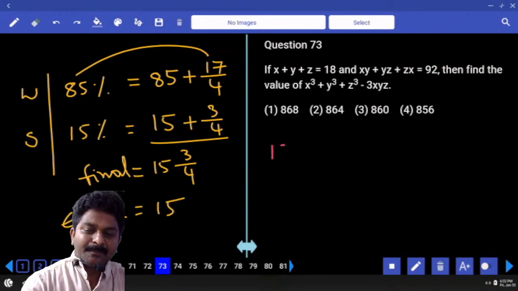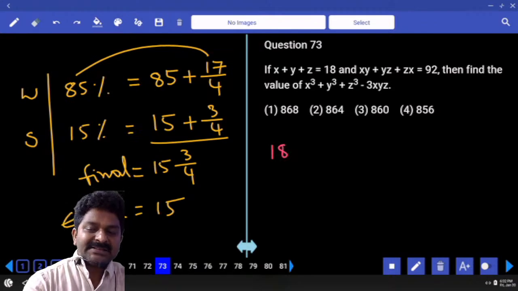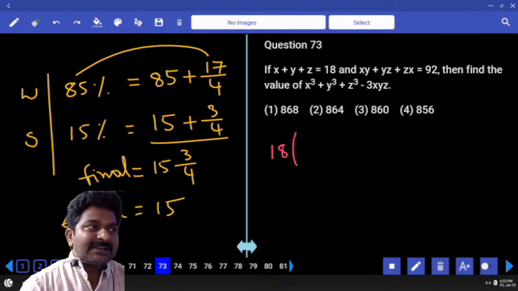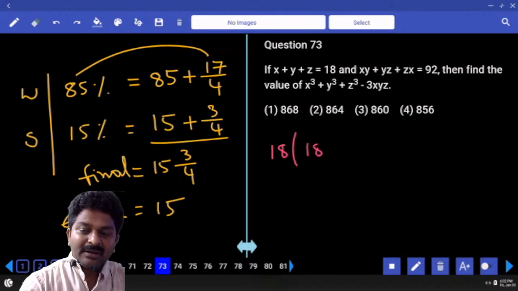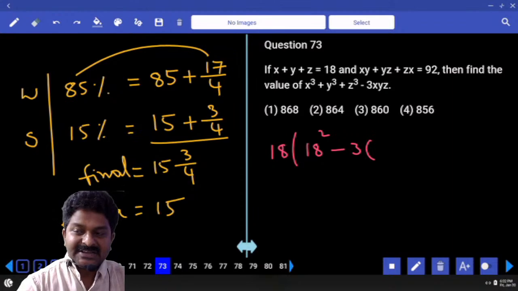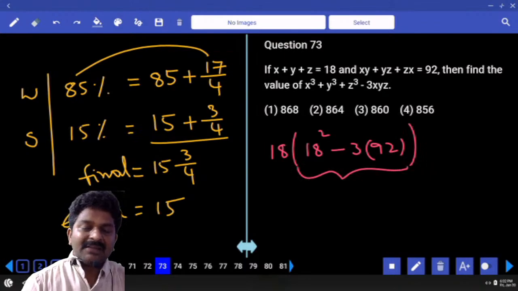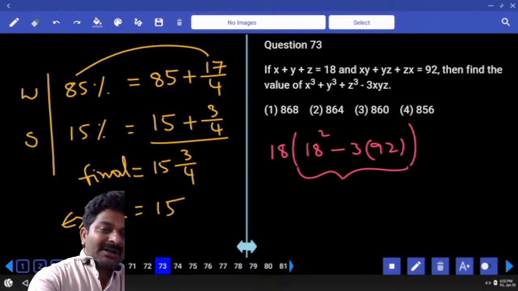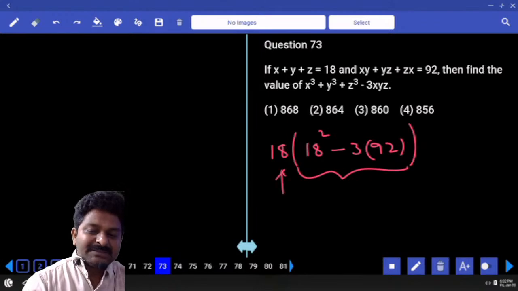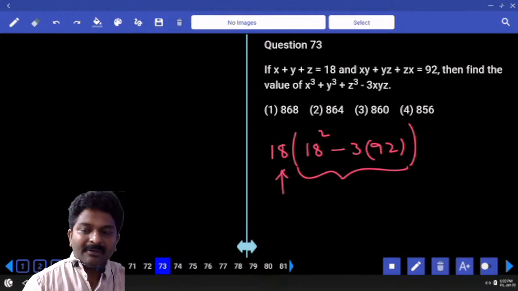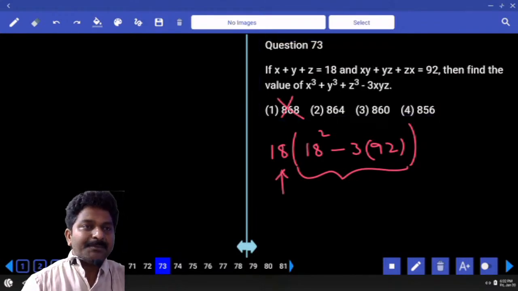What is the answer? x plus y plus z into x plus y plus z whole square minus 3 times of xy, yz, zx, that is 92. First you need to calculate this value and then multiply it by 18. Because 18 is clearly visible to you, it must be a multiple of 9 only. First option, no. Second option, yes.